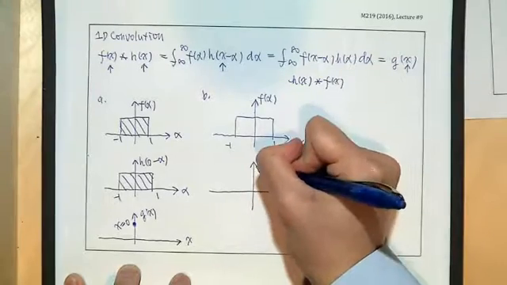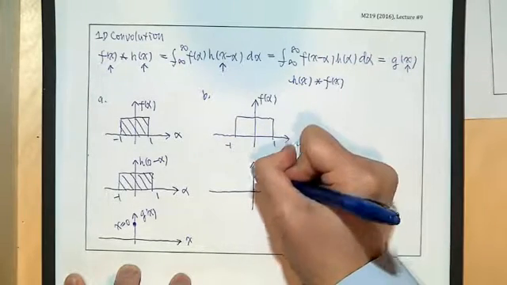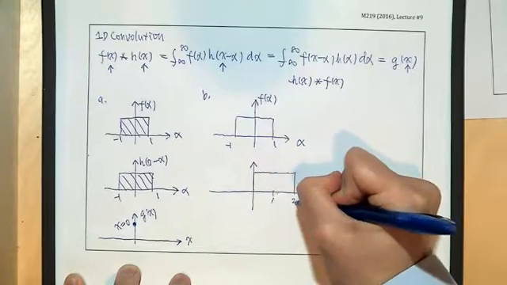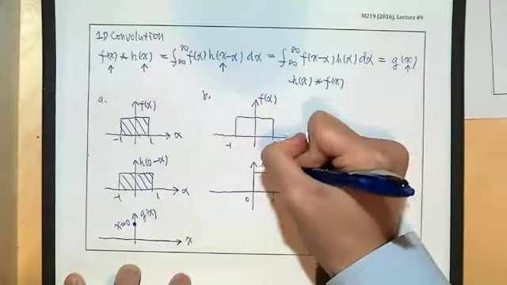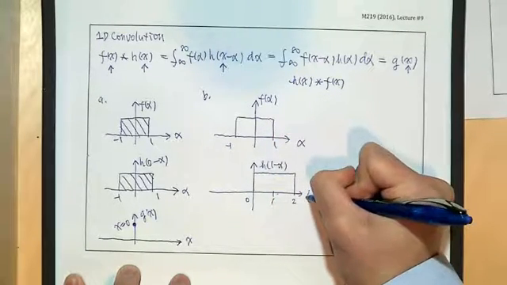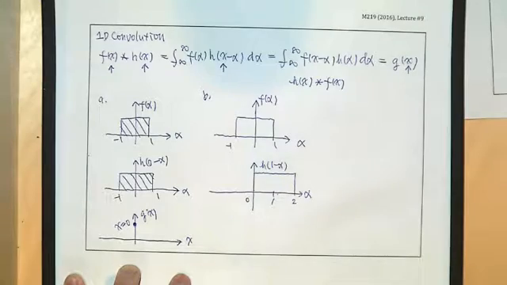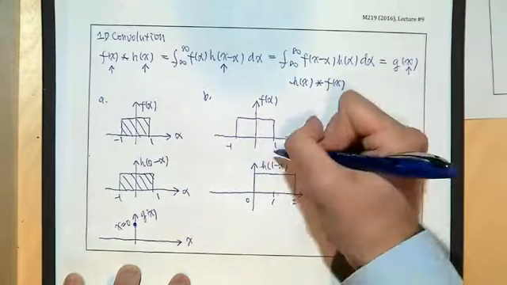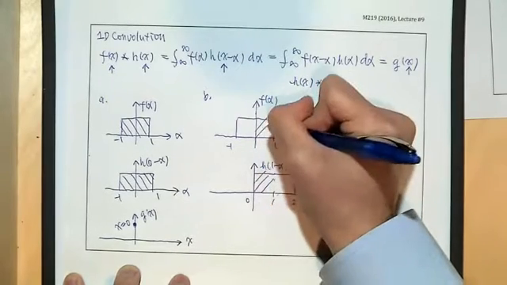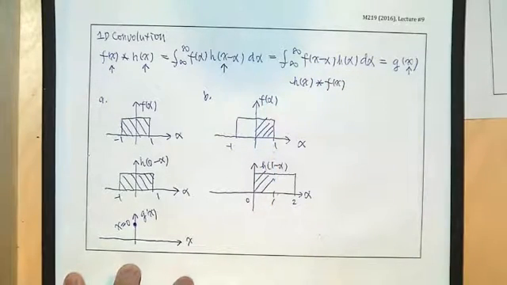That means we're going to shift h. And now if you look at the overlap, we only get the area from this portion of the function.